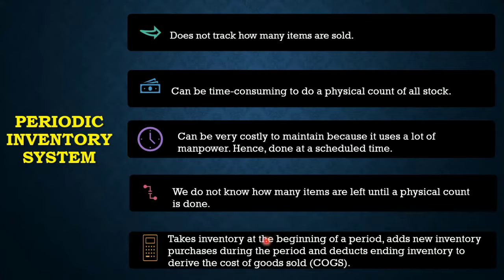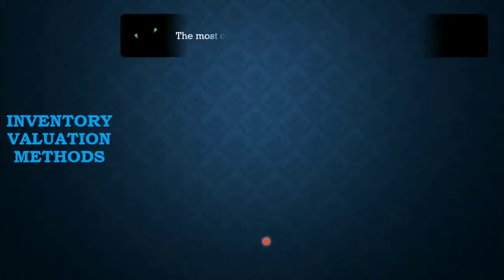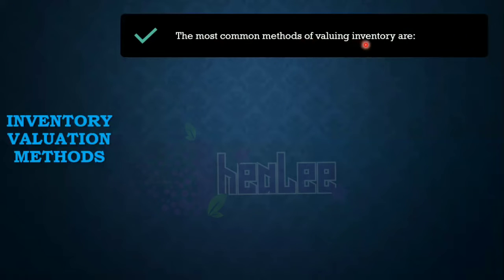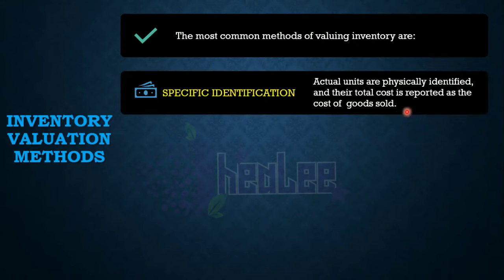Let us take a look at inventory valuation methods. The most common methods of valuing inventory are: one, specific identification, where actual units are physically identified and their total cost is reported as the cost of goods sold.